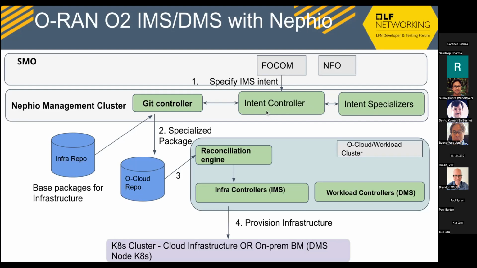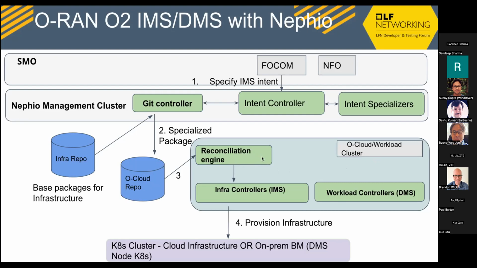And then that specialized package is pushed to another repo. This repo is linked to our O Cloud cluster, and I will come to why I also call this a workload cluster. This O Cloud repo is configured with the O Cloud cluster, and there is a reconciliation engine running which continuously reconciles the packages pushed into this O Cloud repo.